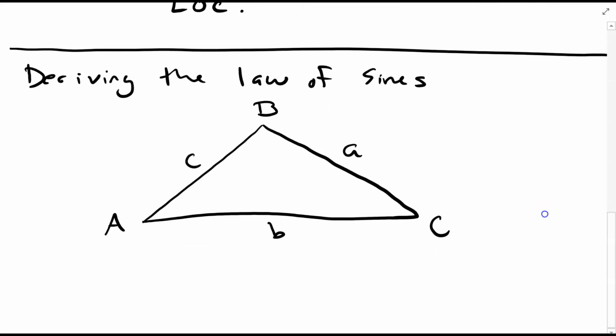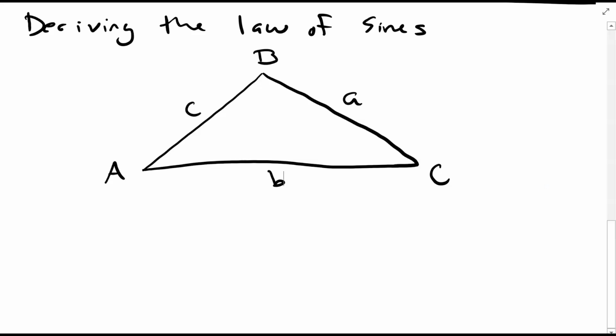All right. So if I want to develop a way to find the side lengths or angle measures for this triangle, I'm going to split it into two right triangles by drawing an altitude. I'm going to label that altitude as h.